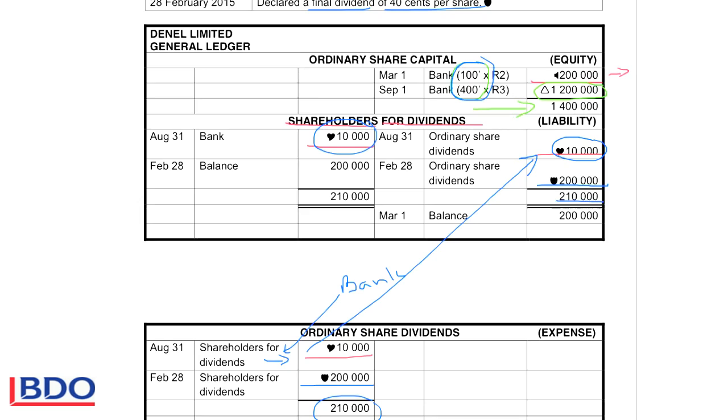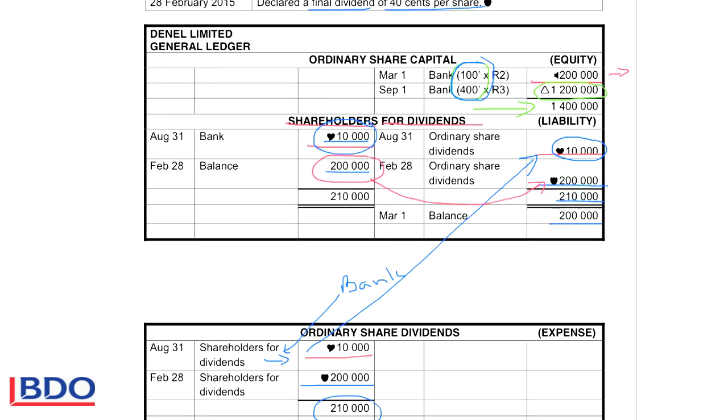We already paid 10,000, so the outstanding balance that will be paid at the beginning of the following year will be 200,000 Rand. This is very important to pay attention to, because quite often in cash flow statements they don't give you the final dividend, but if they give you this closing balance of 200,000 Rand, it indicates immediately that that is the final dividend that was declared.